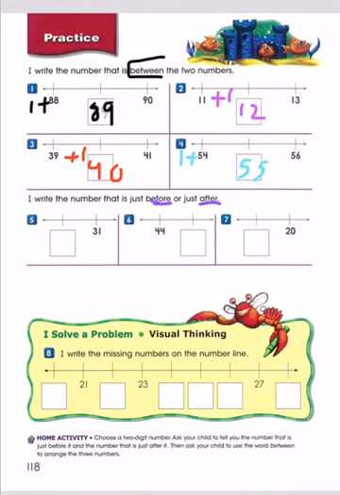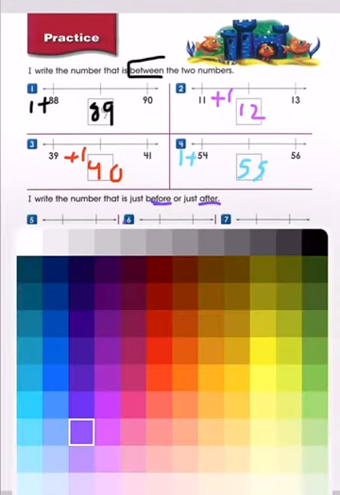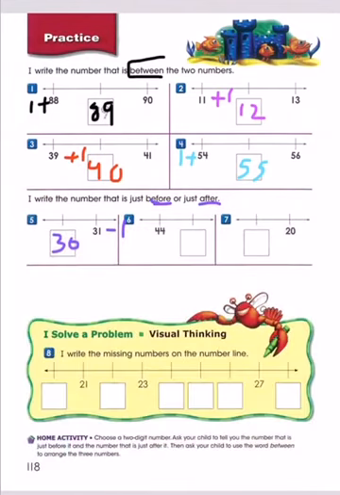Okay, we can say before is minus 1. For example, 31 minus 1. 31 minus 1 equal to 30. Okay, sorry for this, I think. Very good. 30 came before 31. Okay, 30 came before 31.